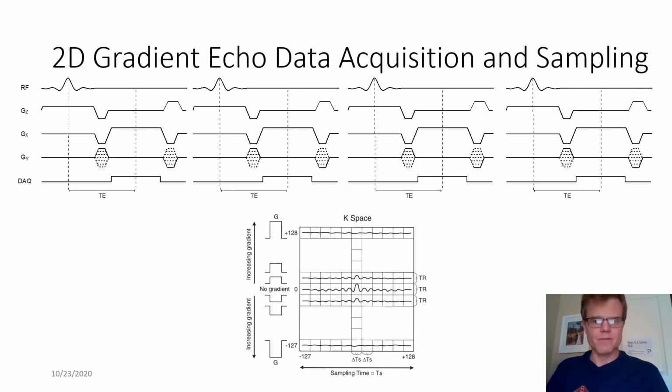So I want to start off by going through an example, now that we've covered frequency and phase encoding. How does this play into our data acquisition and sampling? So you can see in this drawing, we've drawn the data acquisition window right here during our frequency encoding gradient. We have data acquisition occurring during this frequency encoding gradient.